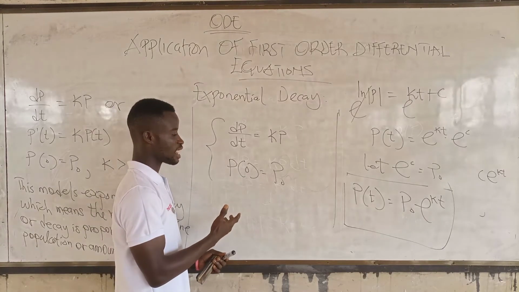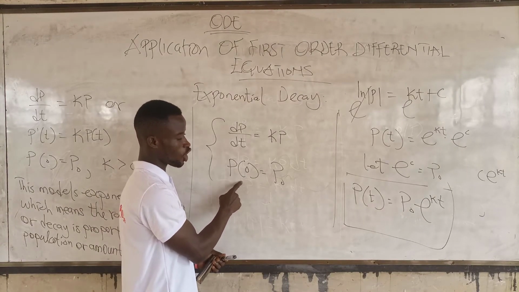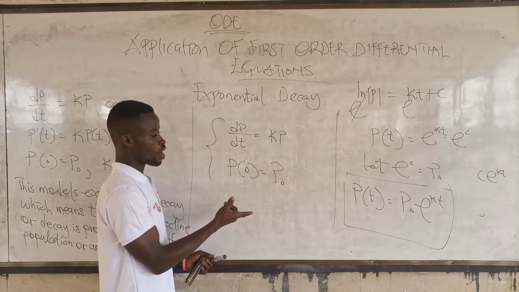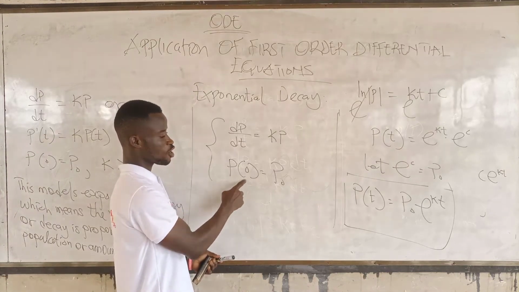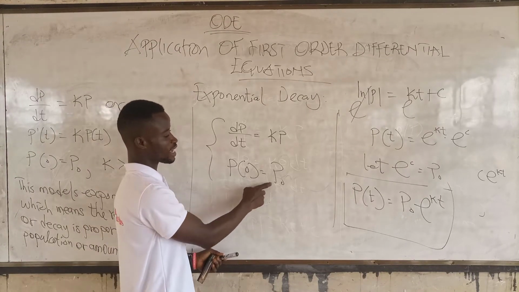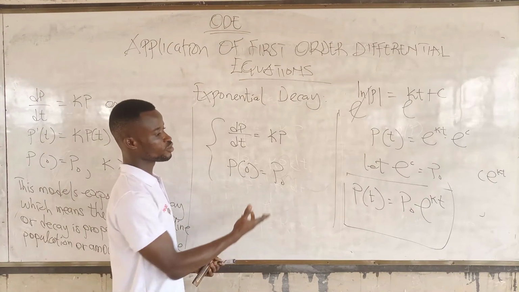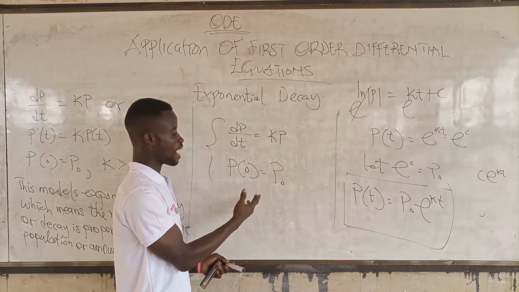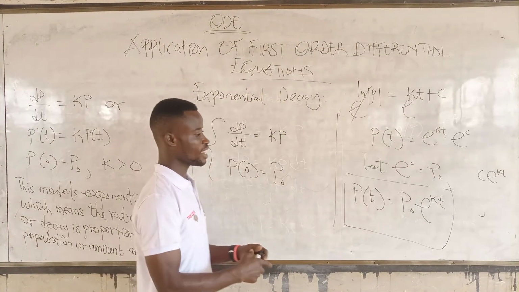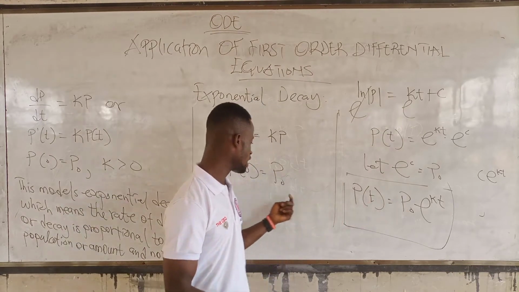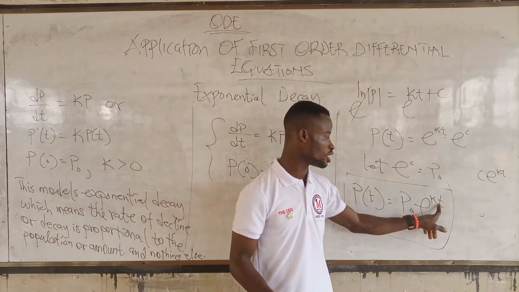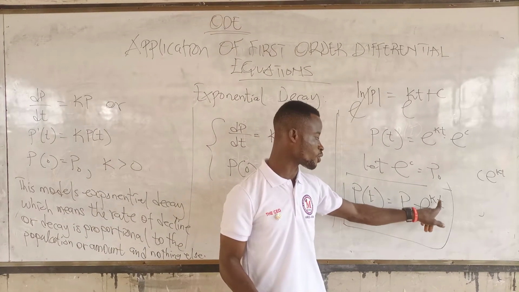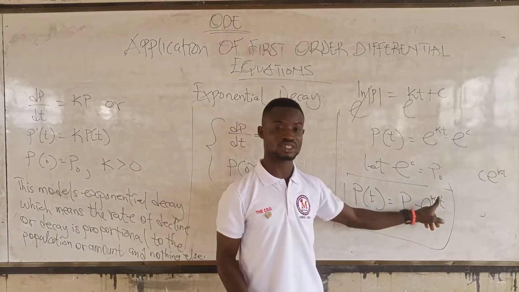What this means is that in the function of P of t, when you replace t by 0, you are going to get P naught. And that's exactly what we see here. If t is 0, k times 0 is 0, and e raised to the power 0 is 1.